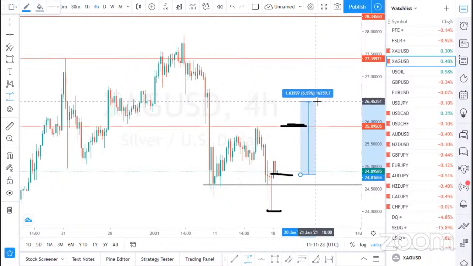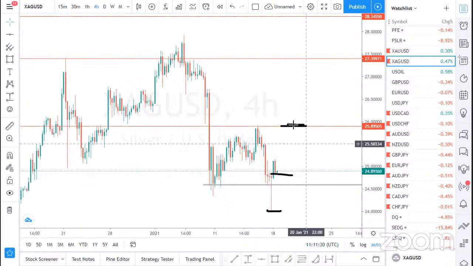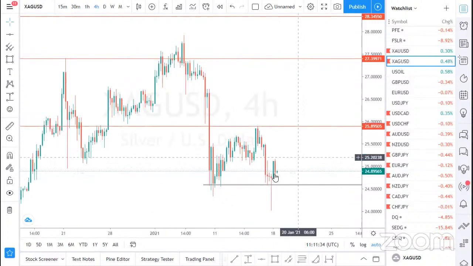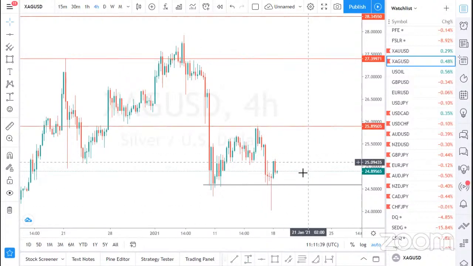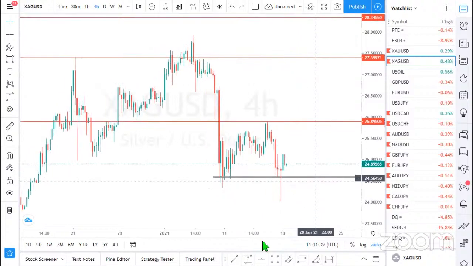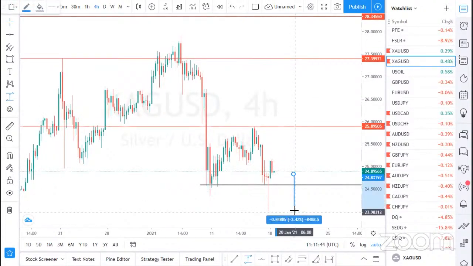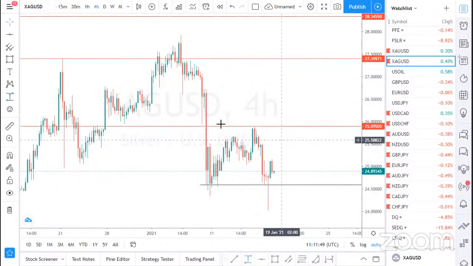There is a hindrance right here, which may act as a point of hindrance for the bullish rally. So I'm not going to buy right here. Those who are going to take this trade are traders who want to implement a one risk reward ratio system, but that is not my kind of trading. 3.3 and then 3.3, so I'm not comfortable taking this trade.